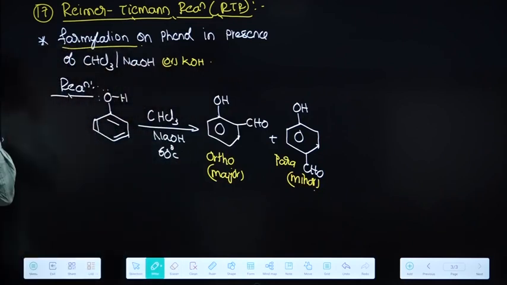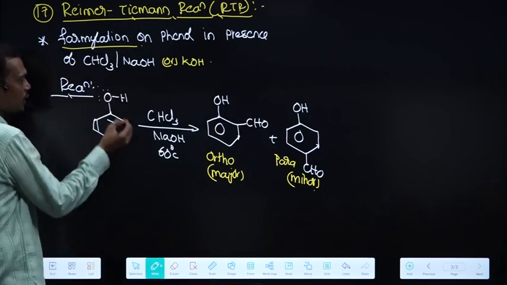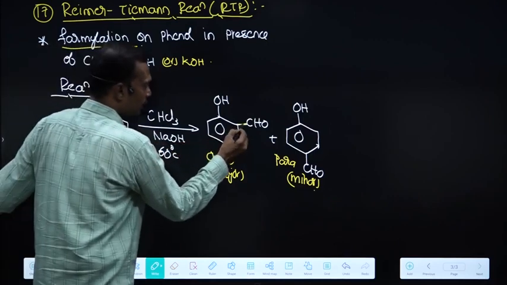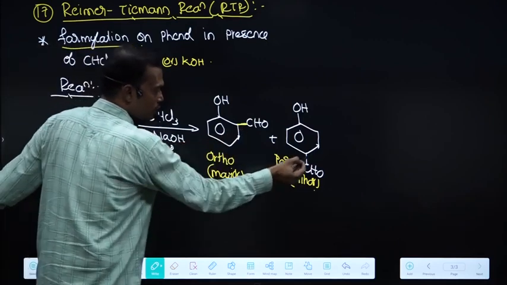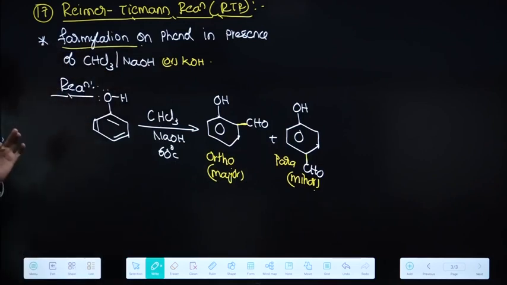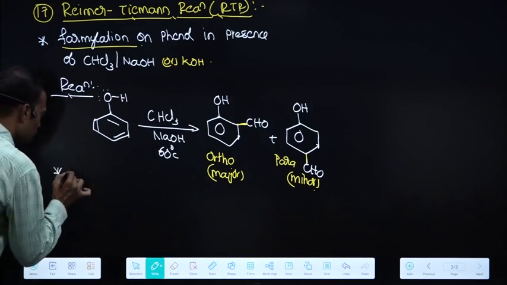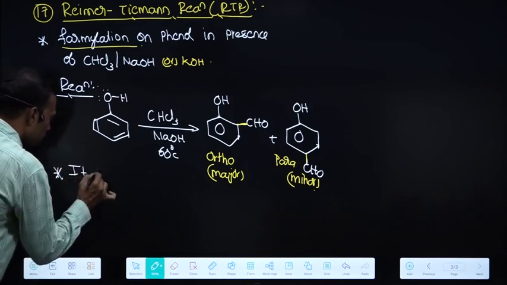You remember this. Very well known, even an intermediate student can define what is Reimer-Tiemann reaction. RTR means it is a formylation reaction. Over here we are making a formylation, CHO we are introducing. Now, are we creating a new C-C bond or not? In this reaction, will you get a new C-C bond or not?